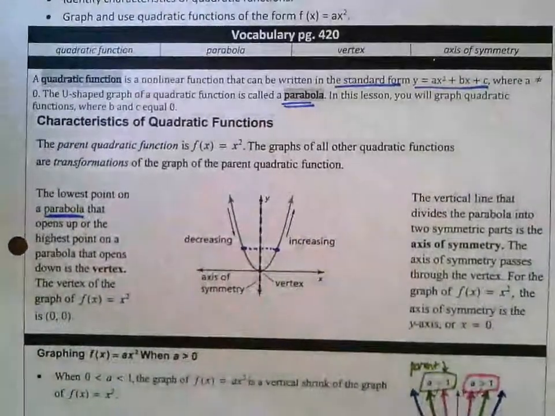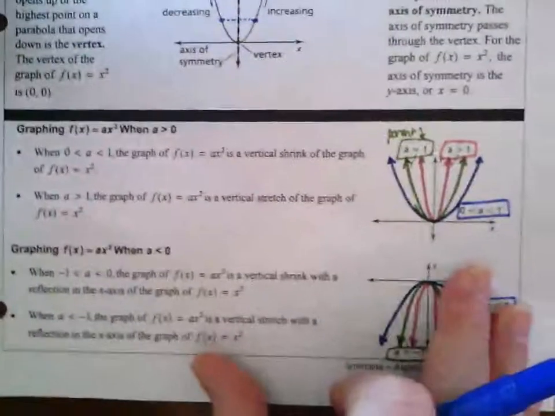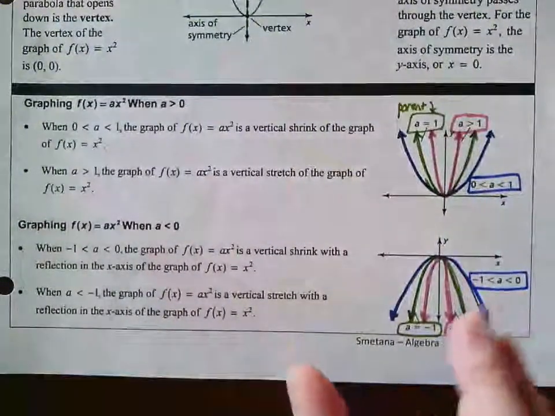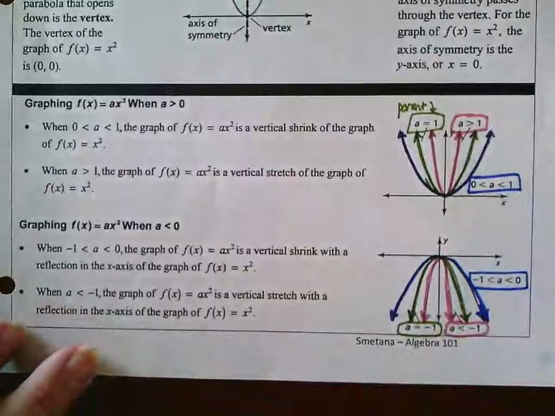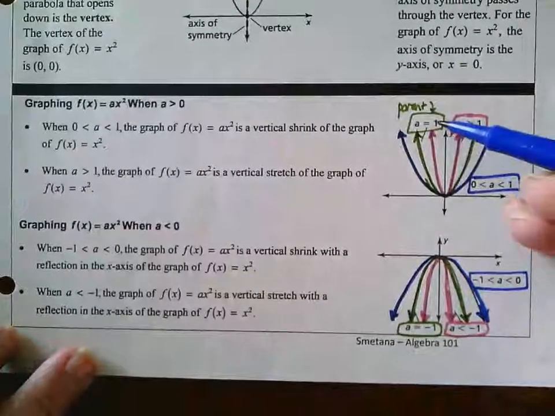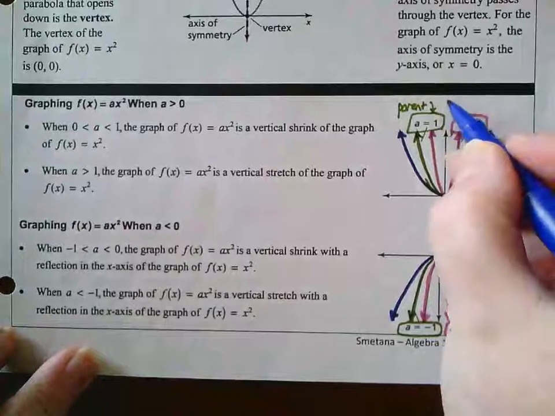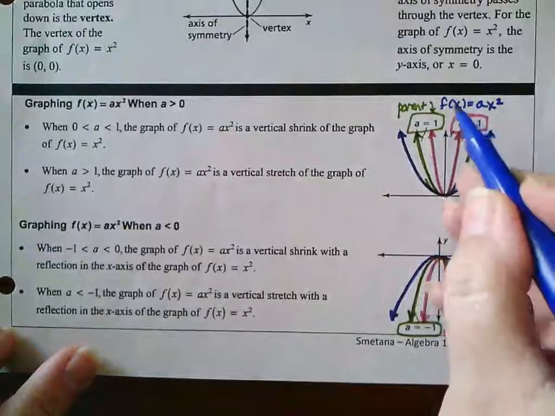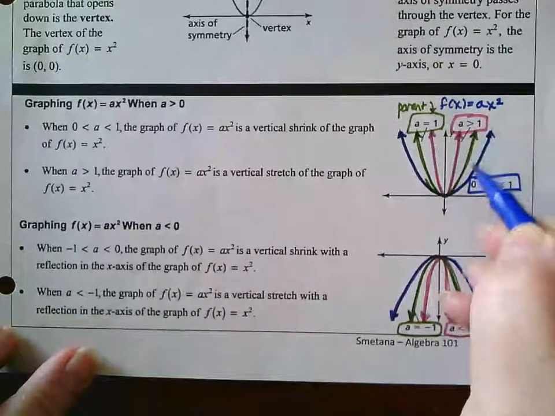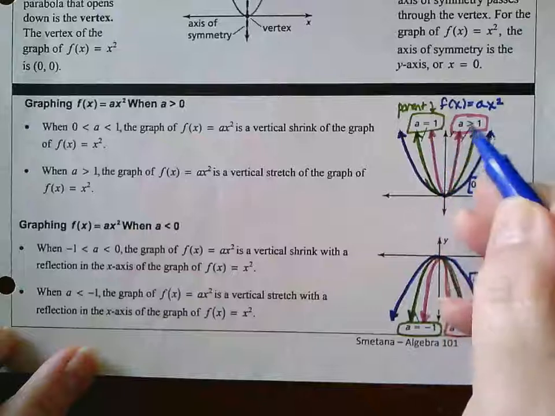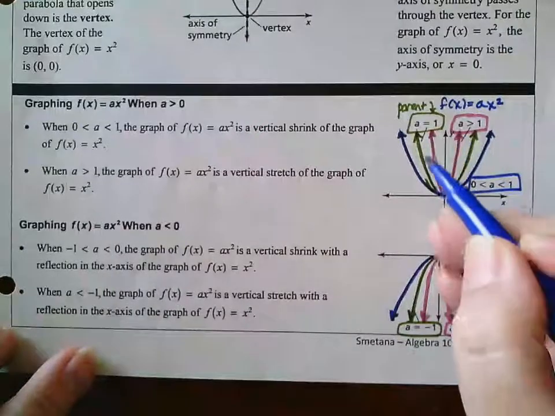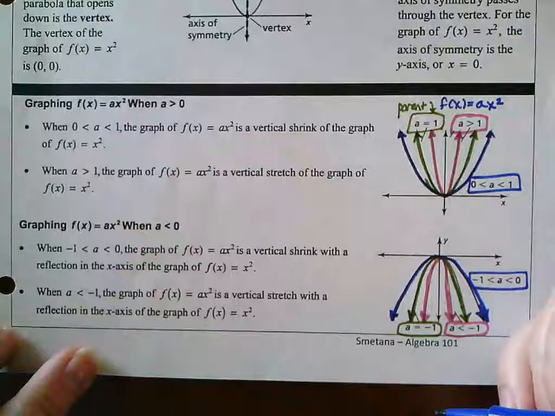So let's take a look at some of the functions here. I pre-colored this because I didn't want to make this video like 25 minutes or something. This is what we would call the parent function right here, where you have f of x equals ax squared. So that's your parent function. It's that green line right there. But if a is bigger than 1, such as f of x equals 4x squared, then you would be looking at a vertical stretch.